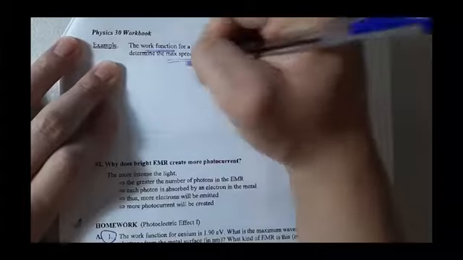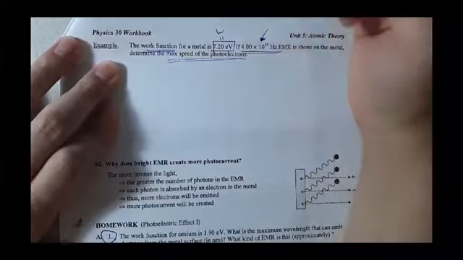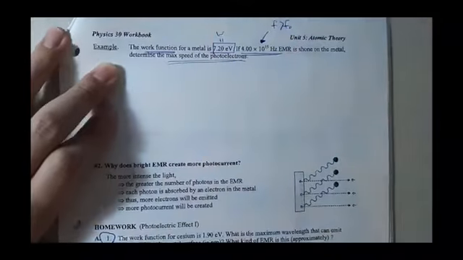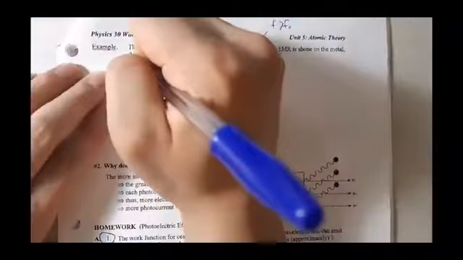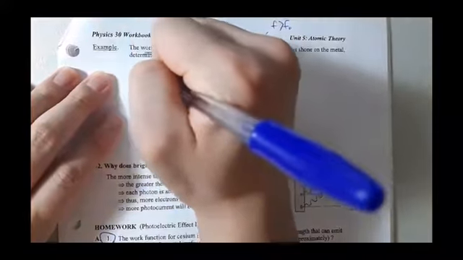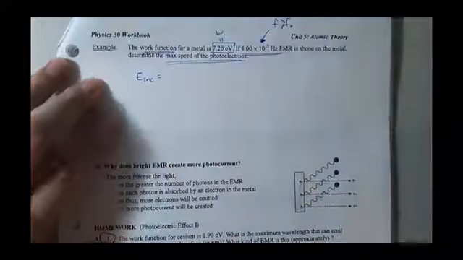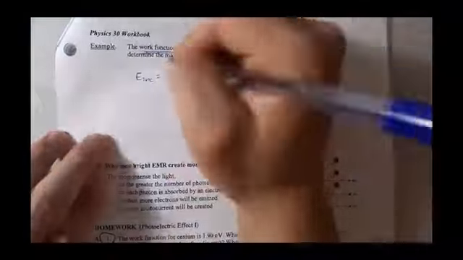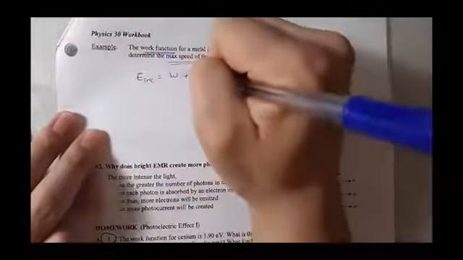But right now we are talking about the speed of photoelectrons, so I'm assuming that this is already bigger than the fundamental frequency. So here's what you need to put. Initial energy, I like to say incoming energy, which is what I'm going to use for this one. That is equivalent to W, if these two are minimum, plus EK.